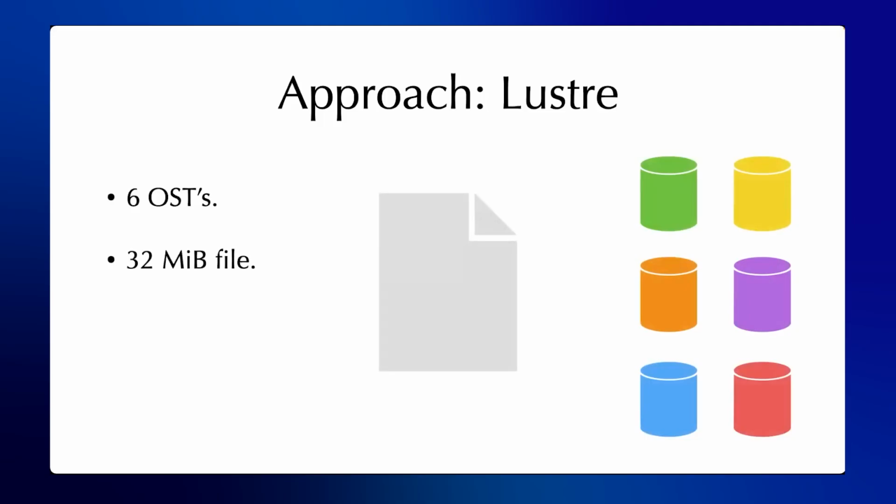I have a 32 megabyte file, and what I'm going to do is have a 4 megabyte stripe size, and I'm going to have 3 stripes. And so, on disk, my file looks something like that, where the file itself is split in 4 megabyte chunks across 3 different disks. I can choose the stripe size, and I can choose how many stripes I want to use.